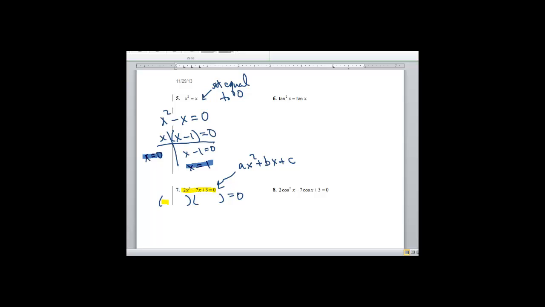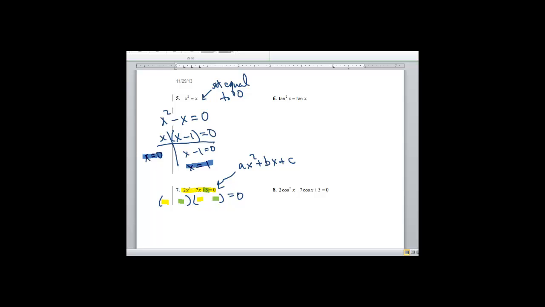two terms that'll multiply to 2x squared, and then I need another two terms that will multiply to the 3. So what's going to multiply to 2x squared?